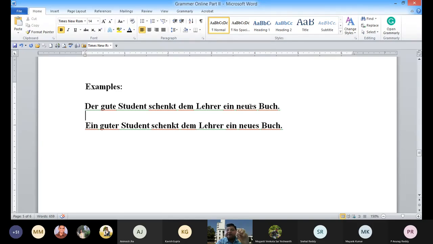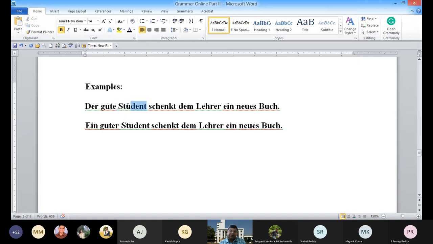So we are considering several things before putting the adjective endings. First, whether there is any article before the noun: definite article, indefinite article, or no article. Second, whether this noun is singular or plural. Third, whether this noun is masculine, feminine, or neuter.